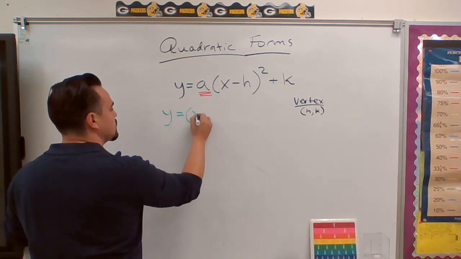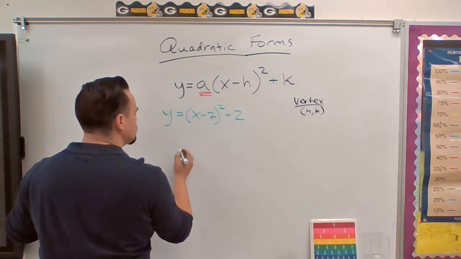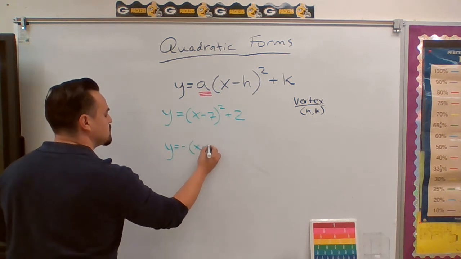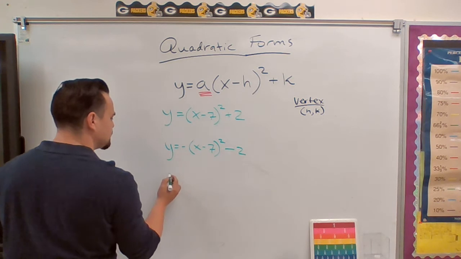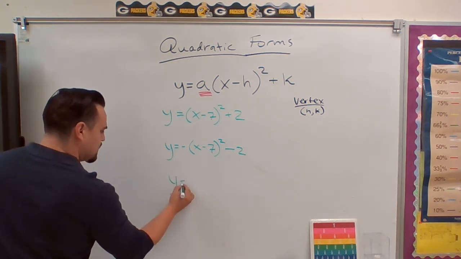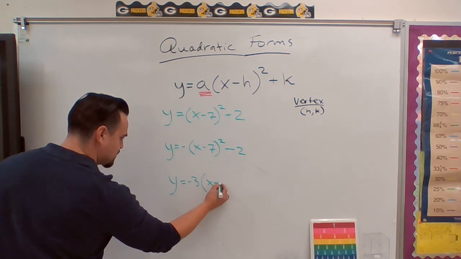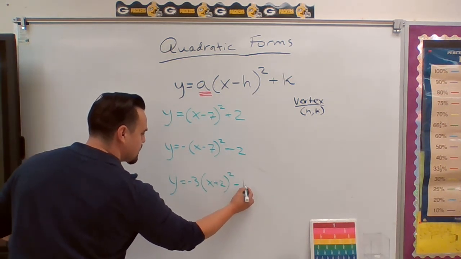Y is equal to x minus 7 squared plus 2. Y is equal to negative x minus 7 squared minus 2. Y is equal to negative 3 times x plus 2 squared minus 10.